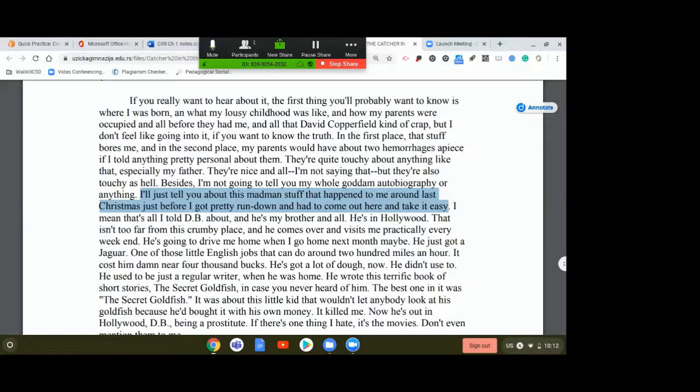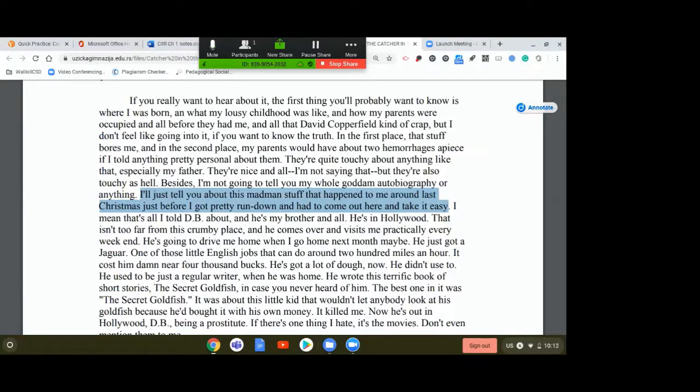So this will sort of be cleared up by the end of the book. Where is Holden? And we'll talk about it more. But something has happened to him. And he's going to tell us the story of, it's really one long weekend in his life that he's going to discuss with us that kind of made him come to this place where he was not well. And then he had to go somewhere to take it easy.